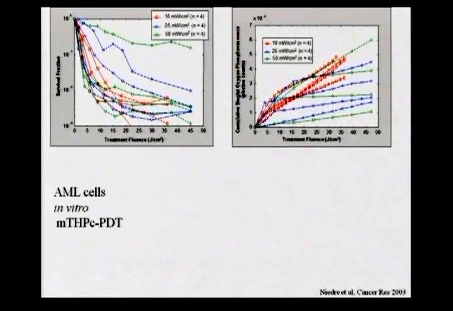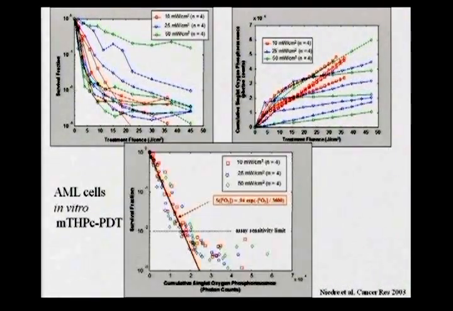So the different conditions generate different amounts of singlet oxygen. So that's survival versus light, singlet oxygen versus light. The obvious thing to do is to take these data and replot survival versus singlet oxygen. And if you do that, you get this beautiful curve.